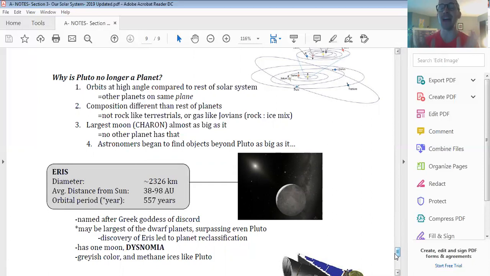Now, that's the official story. Here's the shadiness behind the story that goes to show that science isn't always quite as objective as scientists would lead you to believe. A former student teacher of mine had a professor at Penn State that was a member of the International Astronomical Union. This is the group of astronomers and scientists that actually got to vote on Pluto's planethood back around 2005.